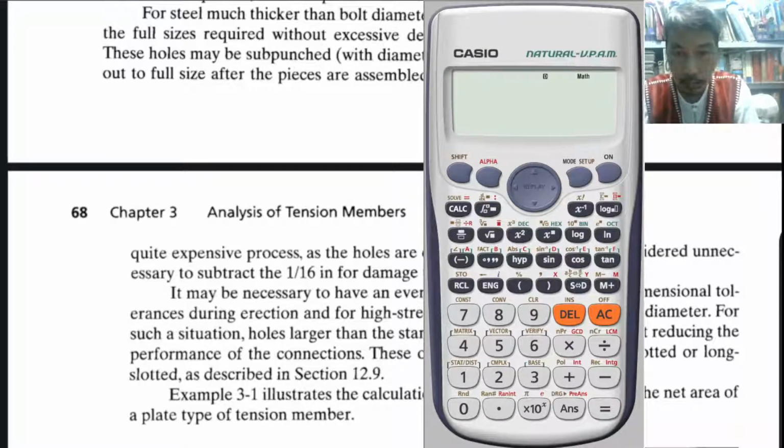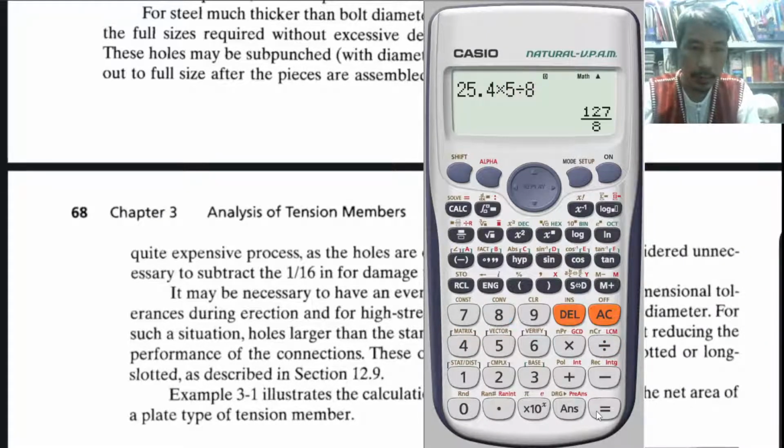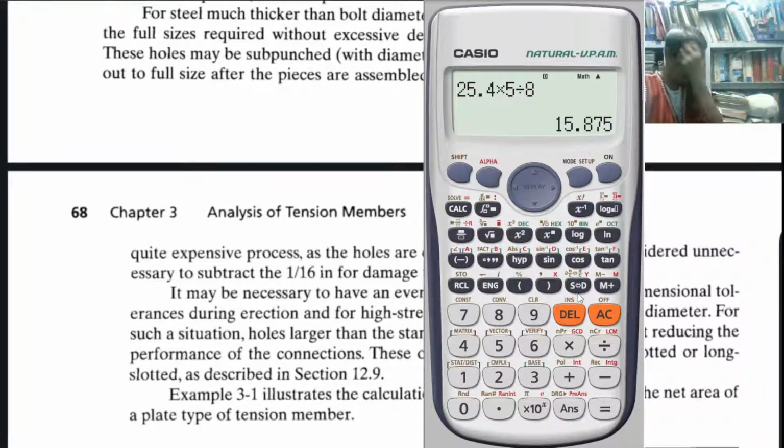So let us compute 5/8: 25.4 times 5 divided by 8. This is in mm, so this is 15 or 16. So 16 mm. 16 mm bolt.